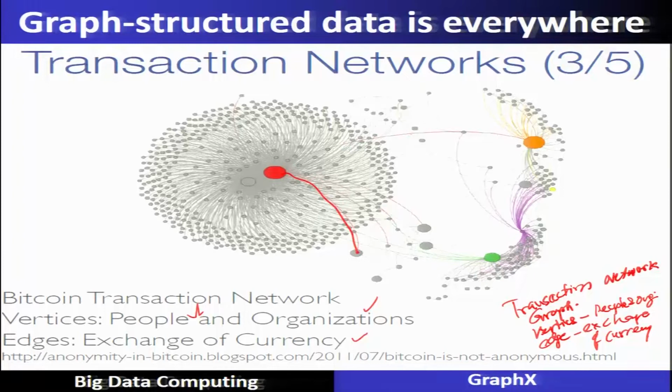Therefore, this kind of interaction between people and exchange of currency can be captured in the form of a graph, and is called the Bitcoin transaction network graph.